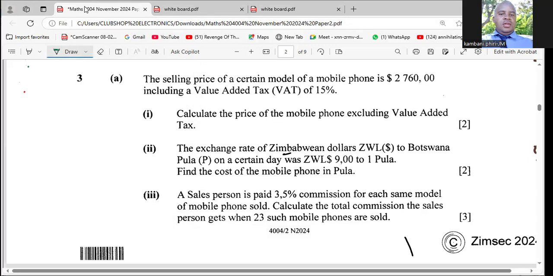The selling price of a certain model of a mobile phone is $2,760, including a value added tax of 15%.